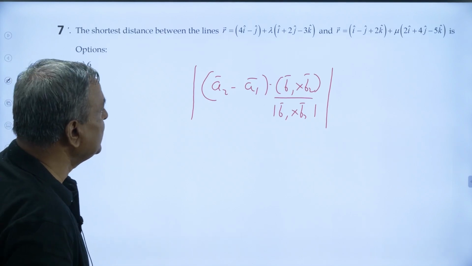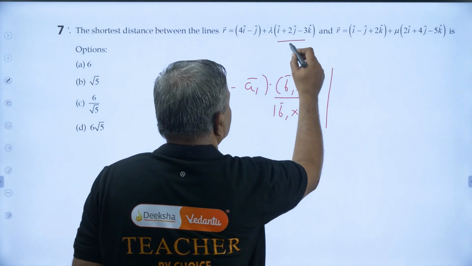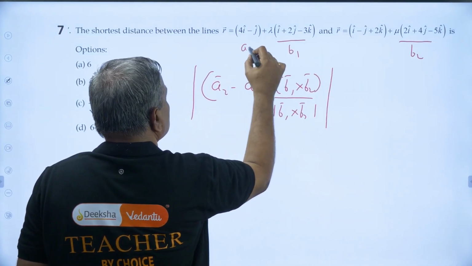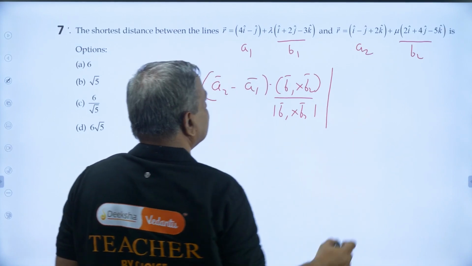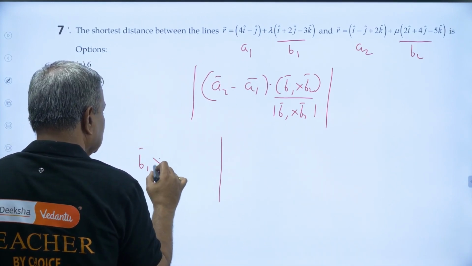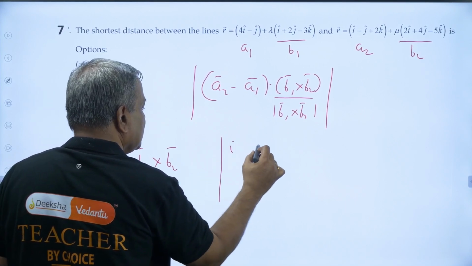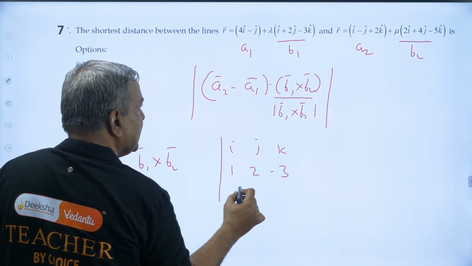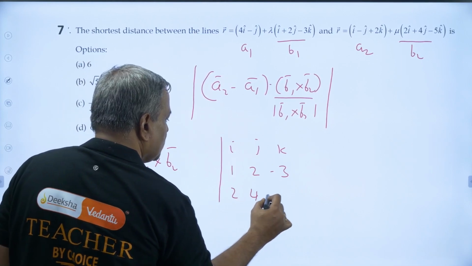So what is B1 cross B2 here? This is B1 and this is B2. This is A1, this is A2. To find B1 cross B2, use the help of a determinant: i, j, k, next 1, 2, minus 3, and this is 2, 4, minus 5.